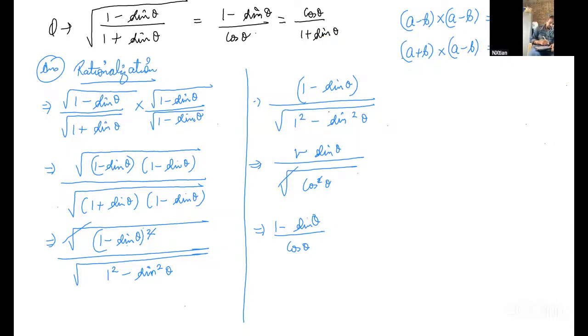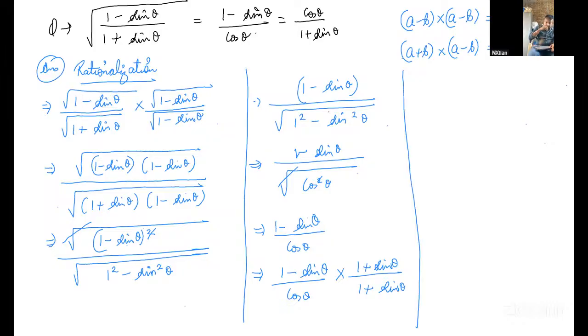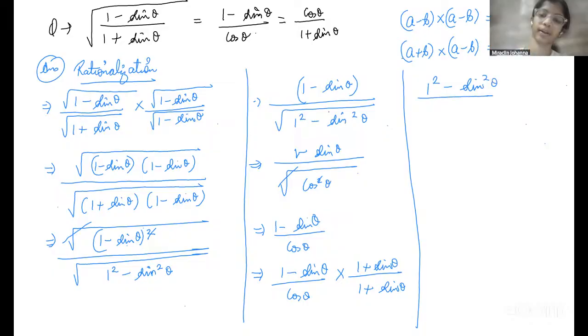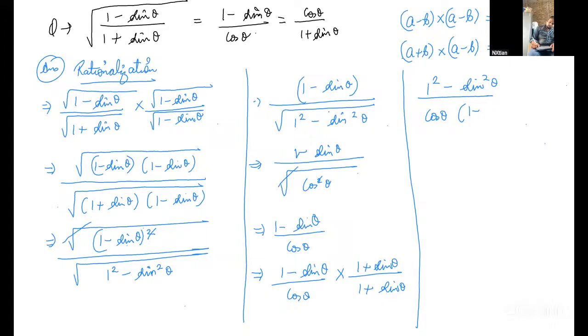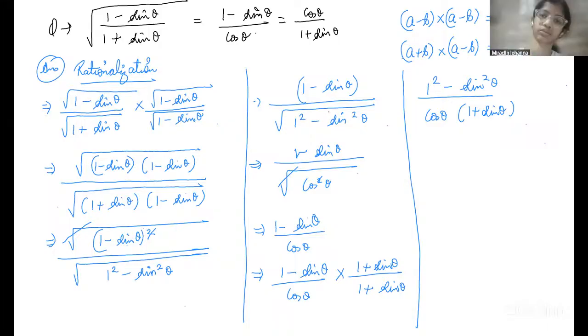So from this, what we can do is multiply this with 1 plus sine theta upon 1 plus sine theta. Did you understand? Now it is in the form of a minus b, a plus b. That will become a square minus b square upon cos theta into 1 plus sin theta.